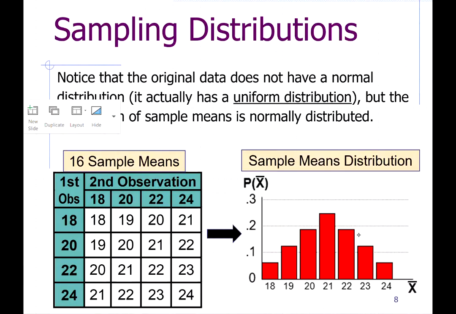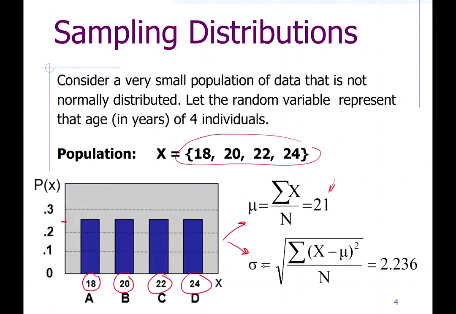And so the distribution of sample means looks like a normal distribution. So we started off with this uniform distribution. Let me go back a couple of slides. The data itself had this uniform distribution.